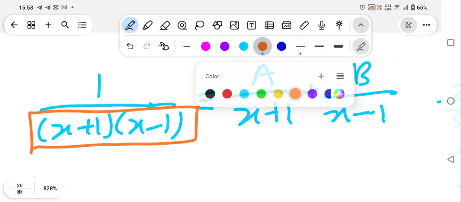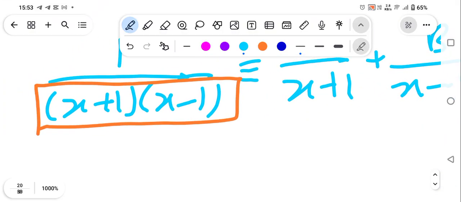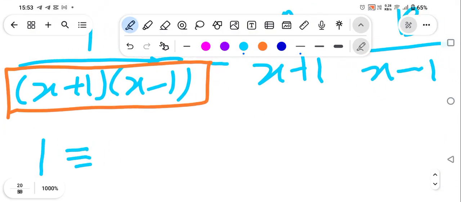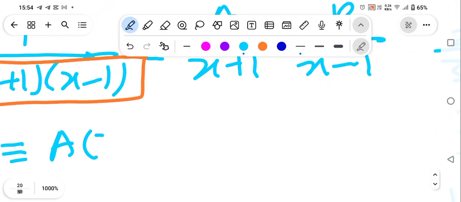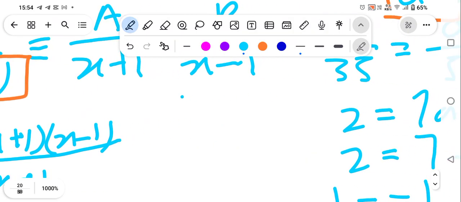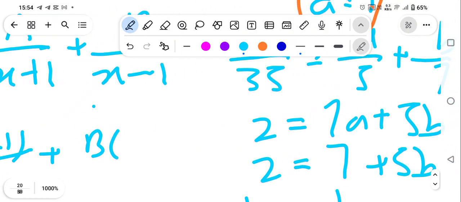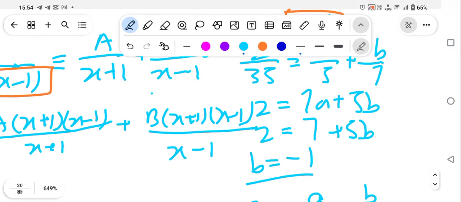So we do the same thing over here. So we have 1 is similar to a times x plus 1, x minus 1 over x plus 1 plus b times x plus 1, x minus 1 over x minus 1.